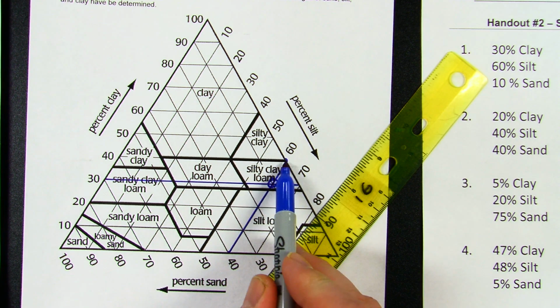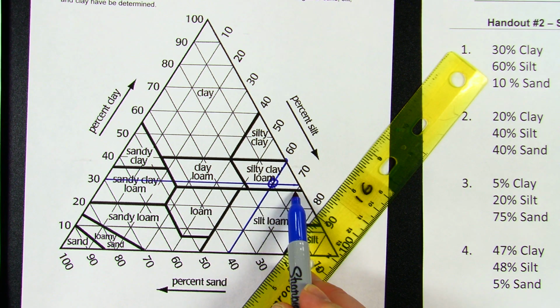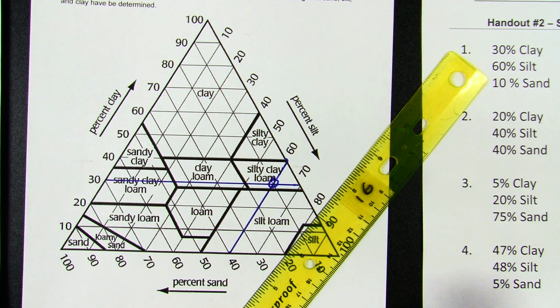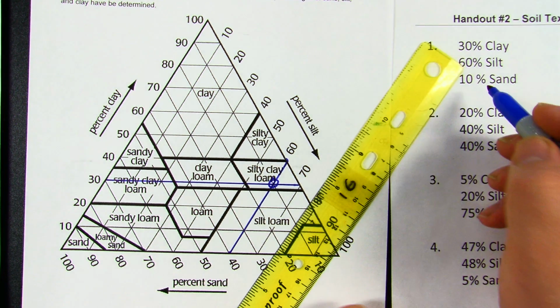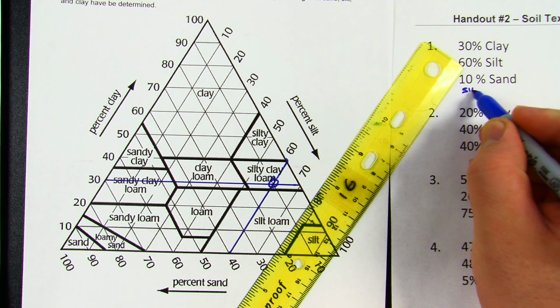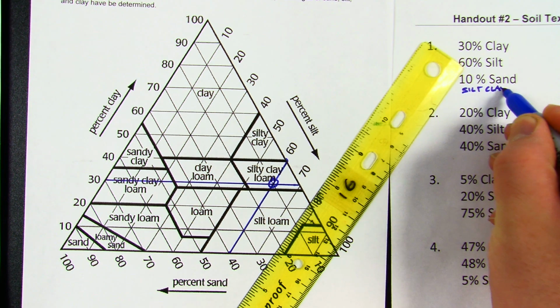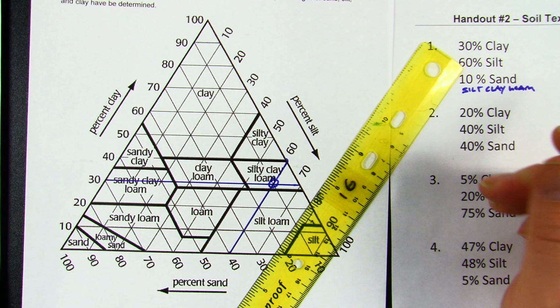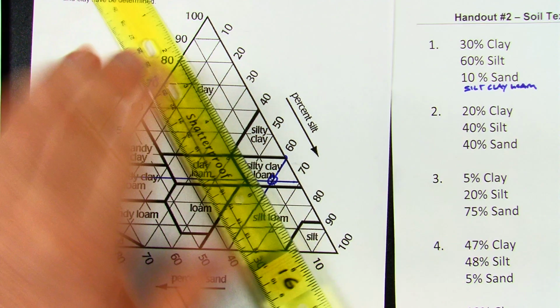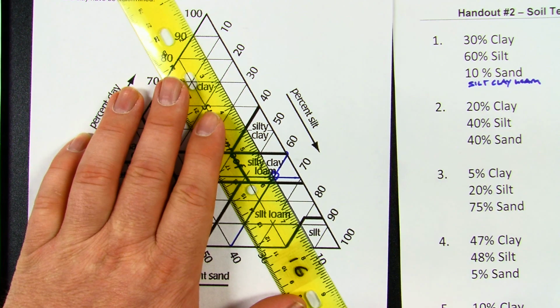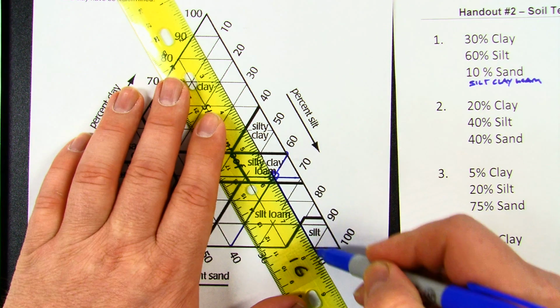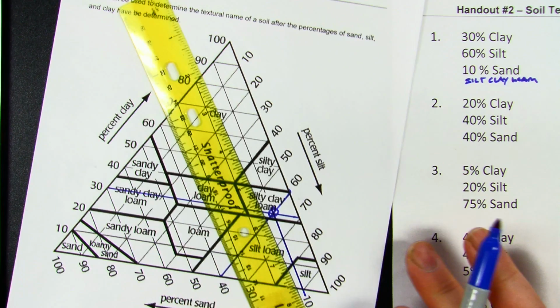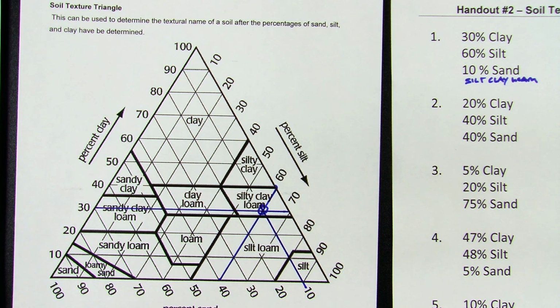So looking around this dark shaded part right here, this tells us that number 1 is silt clay loam. Now we didn't ever measure sand, but if we did, you're going to find that it's going to meet in that exact same spot in the process. So that's how we do number 1.